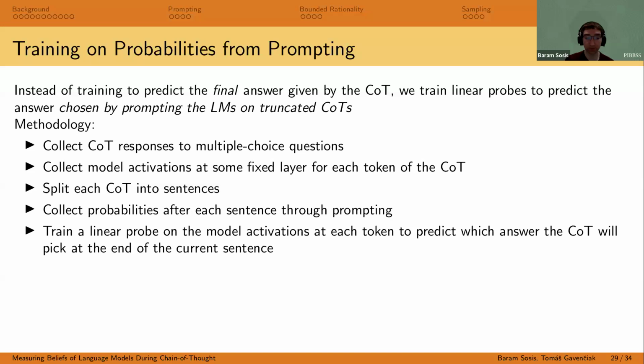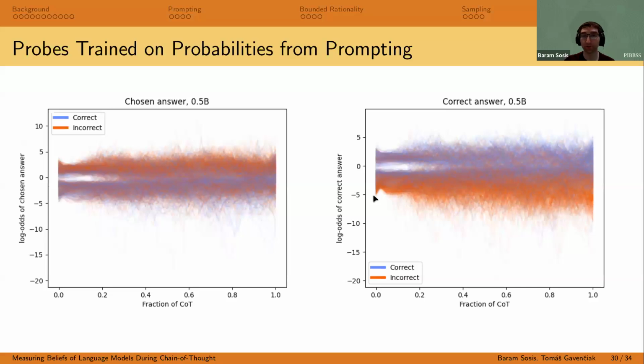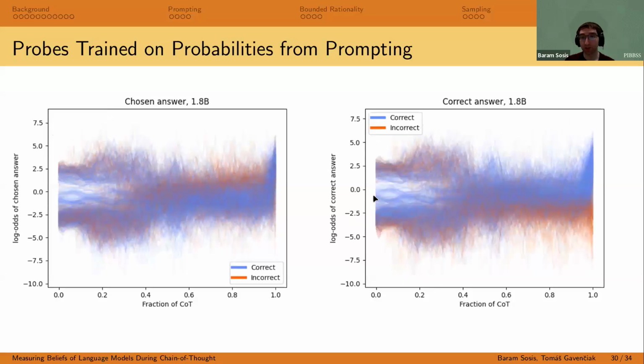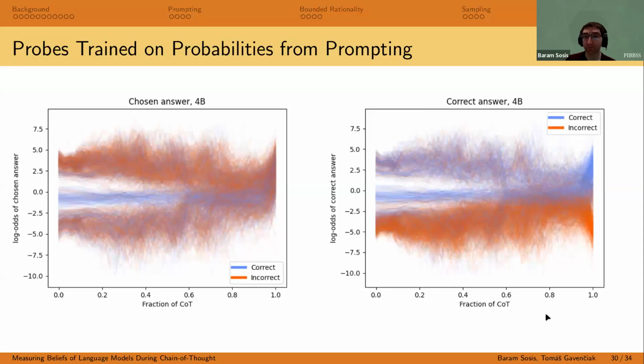Yeah, and the results that you get here are actually really, really strange. So, okay, the 0.5 billion model looks more or less similar, but here's the 1.8 billion model, and it's doing all sorts of weird stuff near the beginning of the chain of thought. It's very strange looking. And the 4 billion model is even weirder.